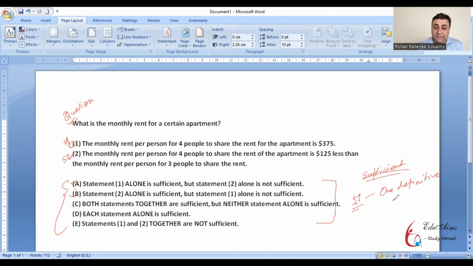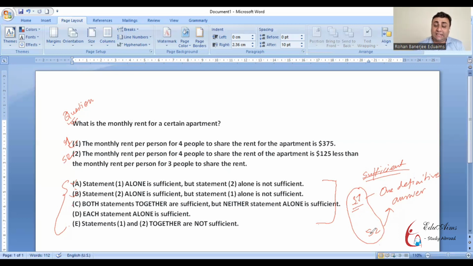If statement 2 can lead you to one definitive answer, then statement 2 alone is sufficient. If statement 1 and statement 2 together can take you to one definitive answer, then together they are sufficient.